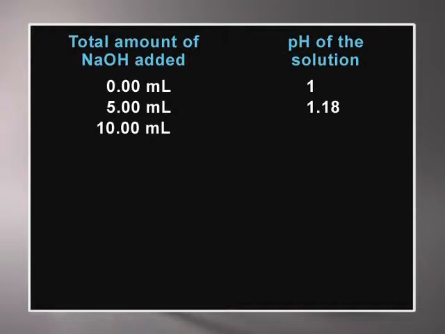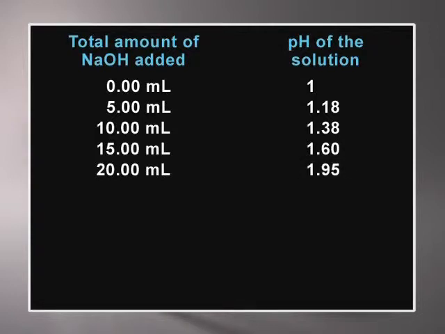Now the total volume of NaOH that I've added is 10 milliliters. And the pH of the solution at this point will have risen to 1.38. Another 5 milliliters of NaOH, and now the pH is up to 1.60. Another 5 milliliters of NaOH for a total of 20, and the pH has now risen to 1.95.